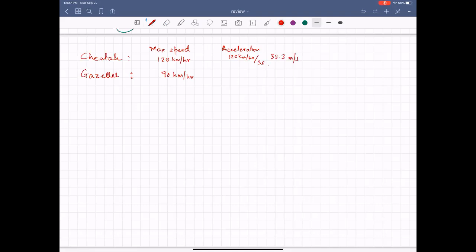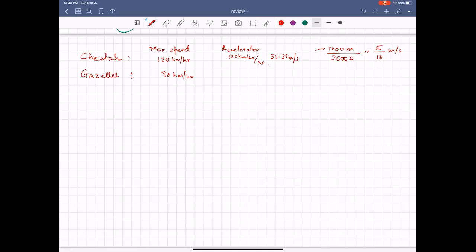In case you're wondering how to do this unit conversion, a kilometer is 1,000 meters and an hour has 3,600 seconds. If I simplify this a bit, it just looks like 5 by 18 meters per second. So I multiply 120 with 5 by 18, and I will get 33.3333.